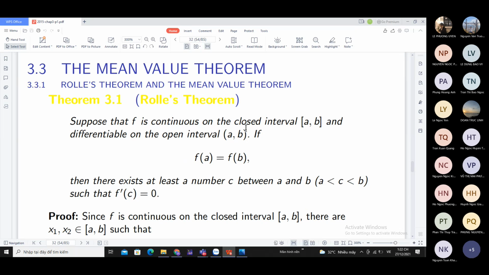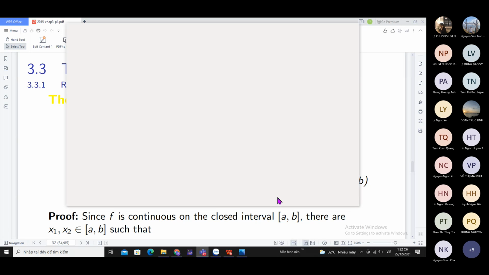In this case, there is a number c between a and b, so that f prime of c equals 0. f prime of c equals 0 also means the number c is a root of the equation f prime of x equals 0. Now let me write out the equation for you here.